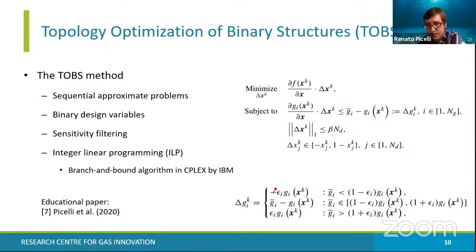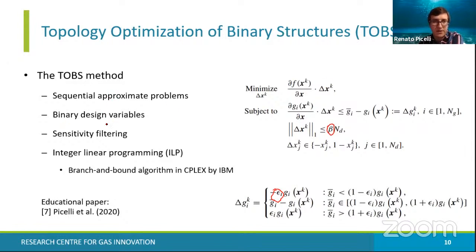First is epsilon, with which we relax the constraints, so we control the steps and how the constraints move towards their prescribed value G bar, and it can address multiple constraints. The second move limit is beta, with which we control the amount of change in the design variables, so we keep our truncation error due to linearization low.